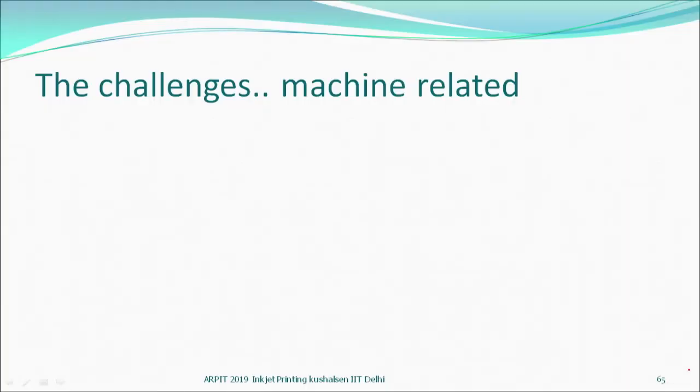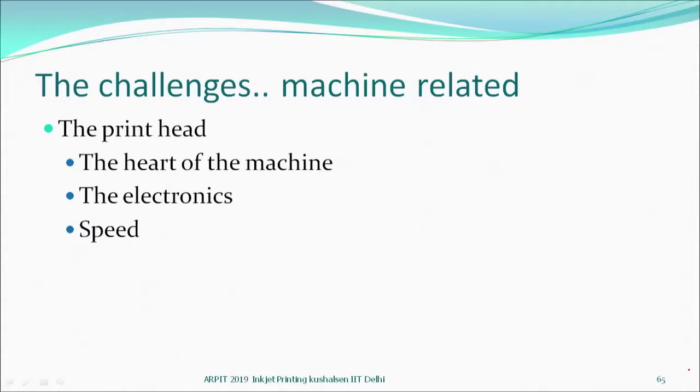So, what is the challenge? You see, the inkjet people were making machines for printing paper. Now, when you asked them to make machines for textile, suddenly the requirements changed. The print head, which is the heart of the machine, had to be managed with the kind of inks that textile people want.